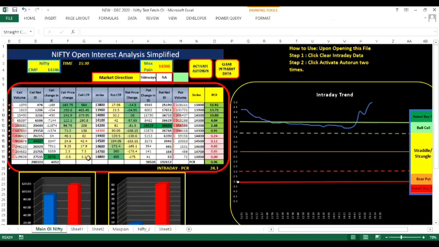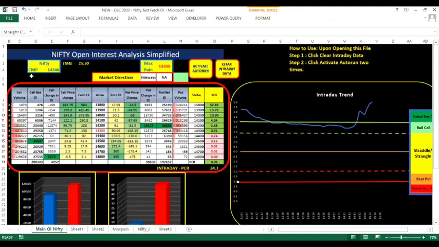Now, whatever you are able to see on the screen, most of these things anyone would understand, but they have some meaning attached to them. Let me start with the left hand corner where I'm moving my mouse. This is called Nifty CMP.